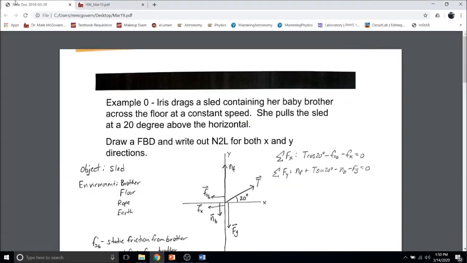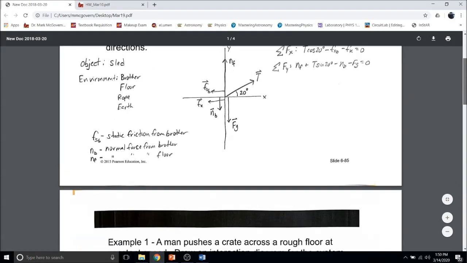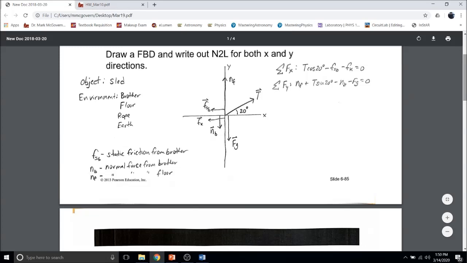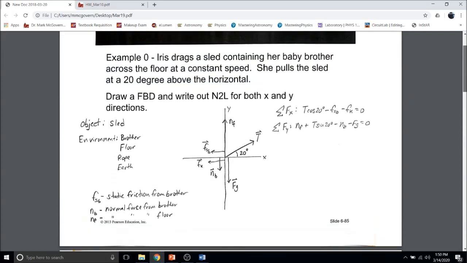worked out example here. All right, so if you look on the left-hand side there, we have our object, which is the sled, and we have the environment, which is, again, brother, floor, rope, and technically the earth, because the gravity's there, so gravity does obviously count as that. So we got to think about all of the ways that the environment's going to act on the object.